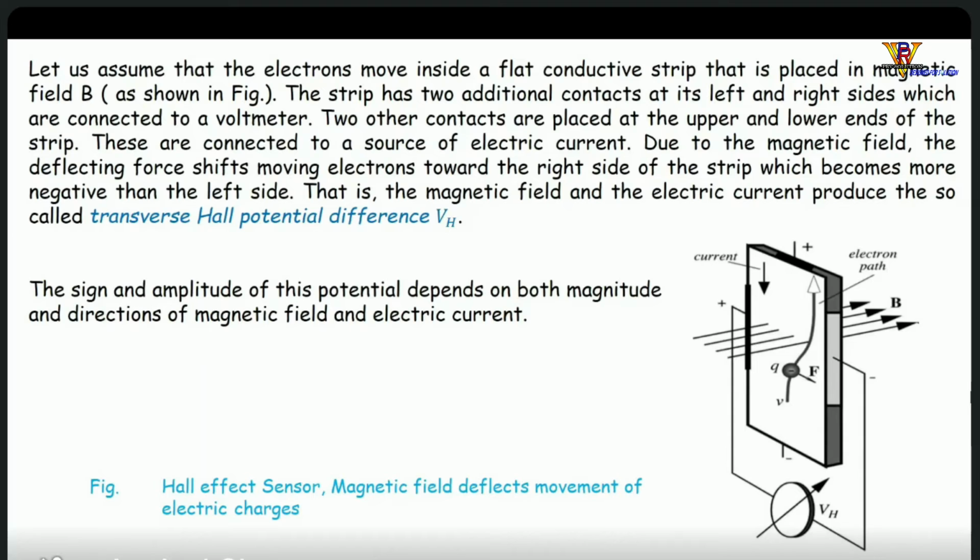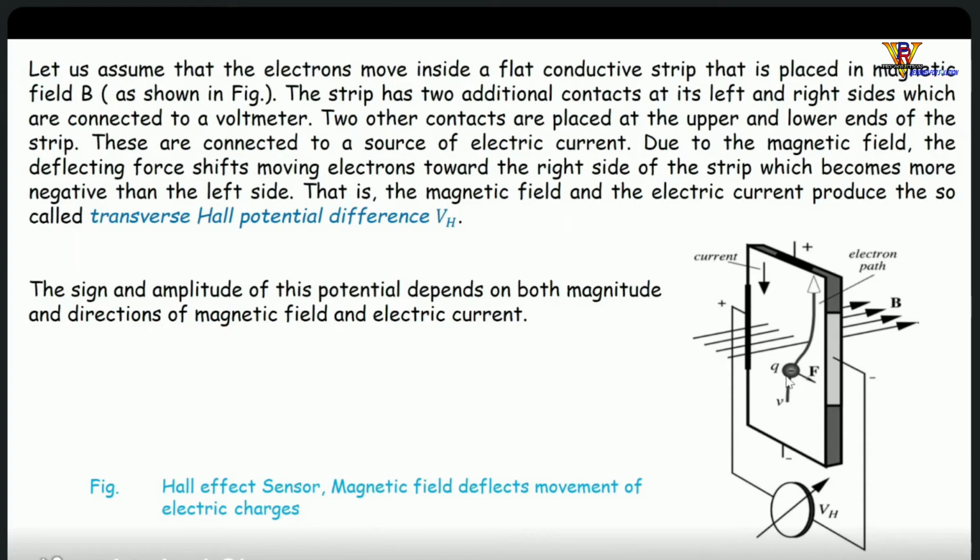But because of the existence of this magnetic field, what happens? The deflecting force shifts the moving electrons toward the right side of the plate. This is the left side, this is the right side. When the electrons move in this direction with velocity v, they are deviated from their path, toward the right side of this plate.